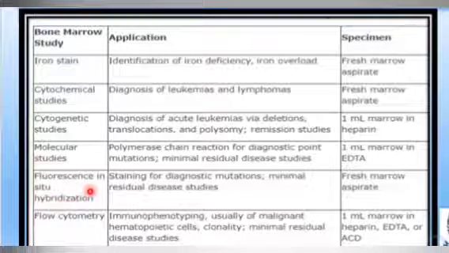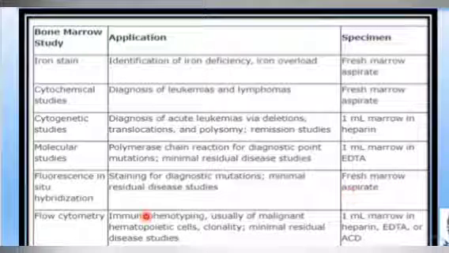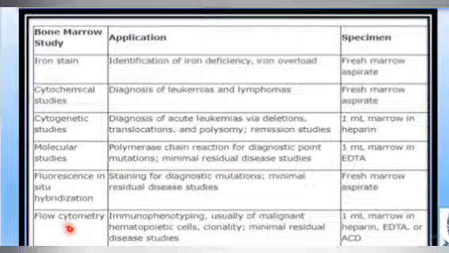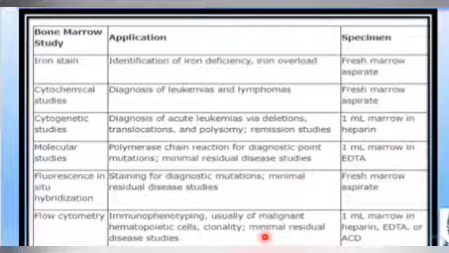Then we have fluorescent in situ hybridization, used for diagnosis of mutations and minimal residual disease studies, and it also needs fresh marrow aspirates. Then the most important is flow cytometry, needed for immunophenotyping, usually of malignant hematopoietic cells, clonality, and minimal residual disease, with 1 ml marrow in heparin, EDTA, or acid citrate dextrose.